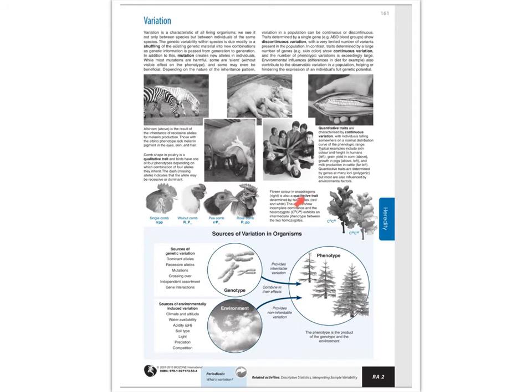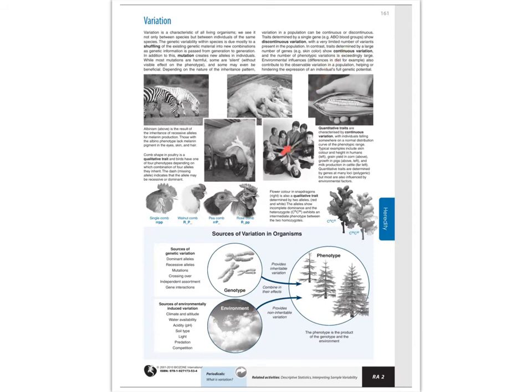Okay, so we have qualitative traits, and we have quantitative traits. So when we're talking about discontinuous variation versus continuous variation, discontinuous variation is variation that's not changing gradually, but it's either one or the other, or in this case, A, B, or O. So it's one of four different blood types, right?